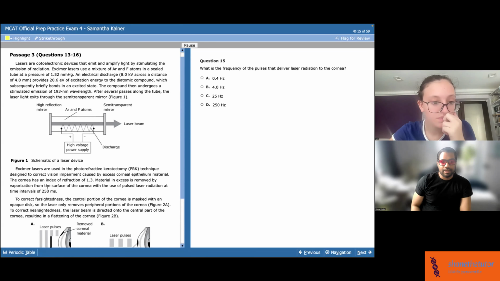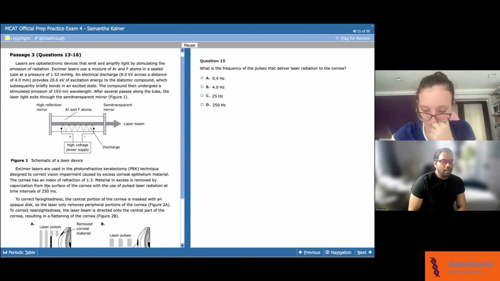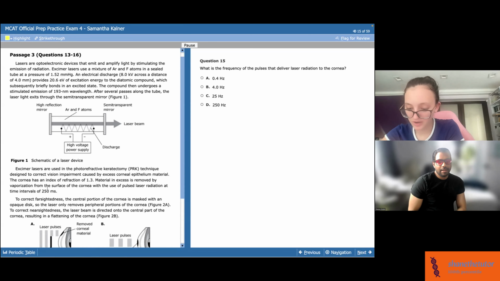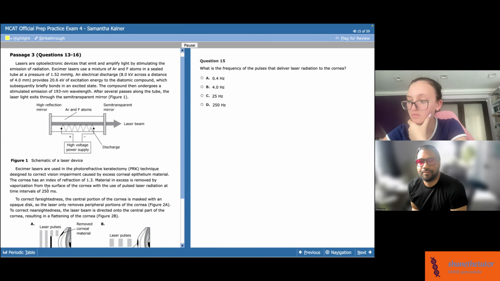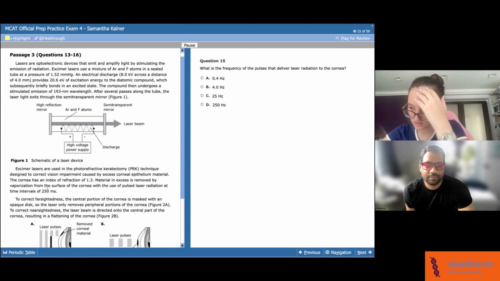So frequency is the number of cycles per second. So here we have one pulse per 250 milliseconds, which is the same as 0.25 seconds, right?